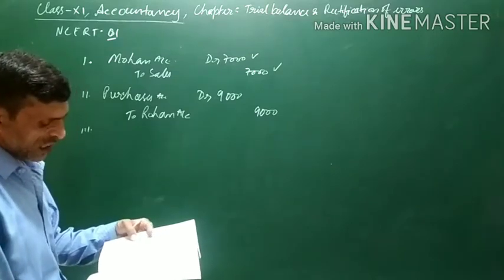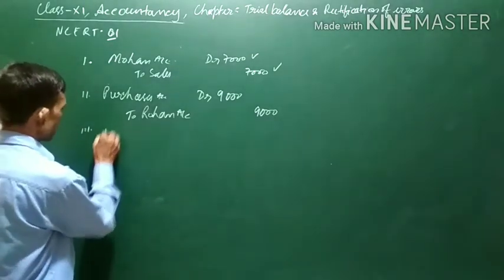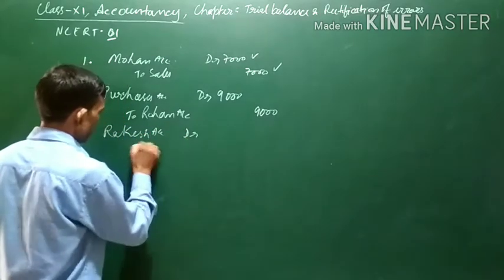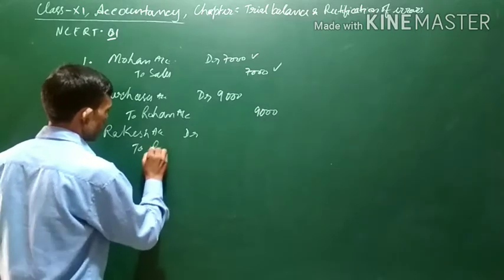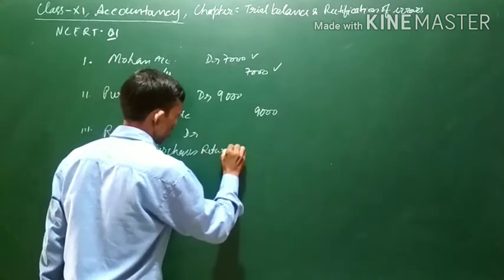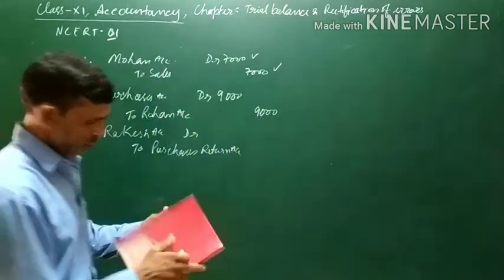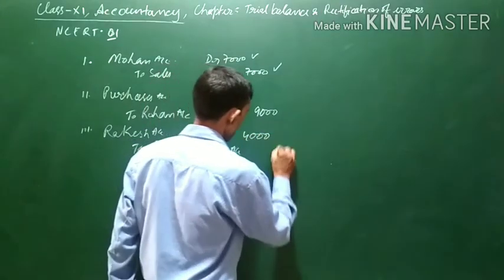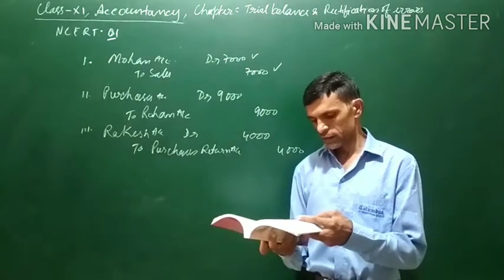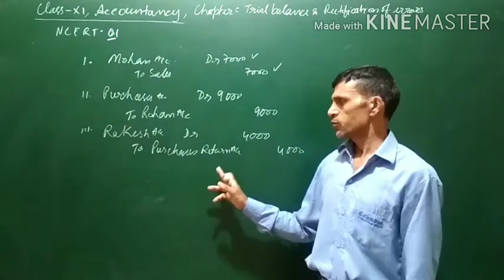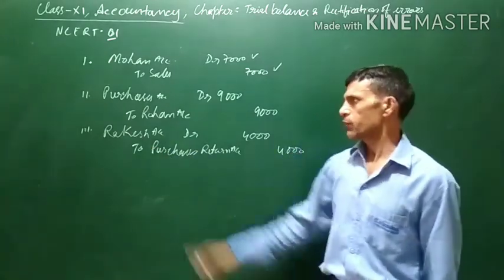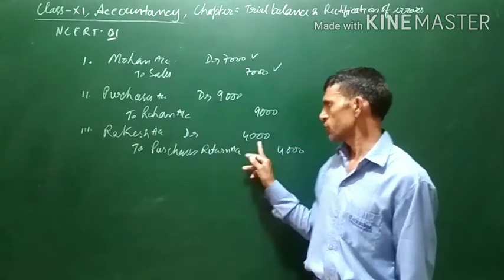Goods returned to Rakesh were not recorded. Now, goods had been returned to Rakesh. So here the entry will be Rakesh account debit to purchase return account.